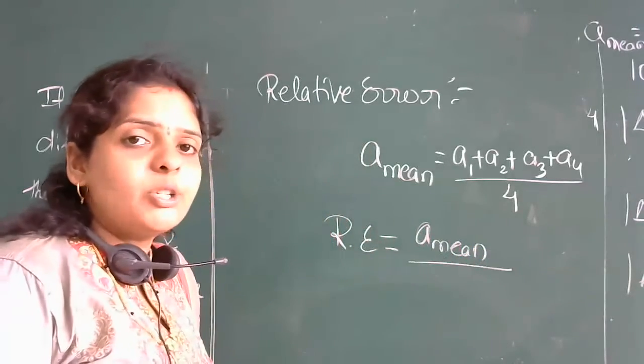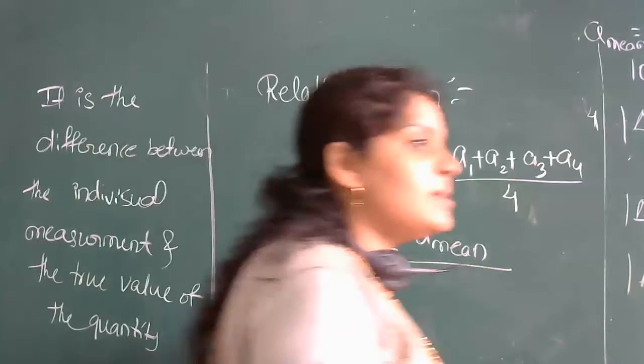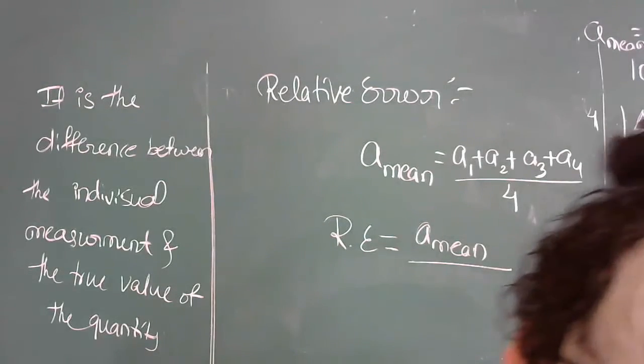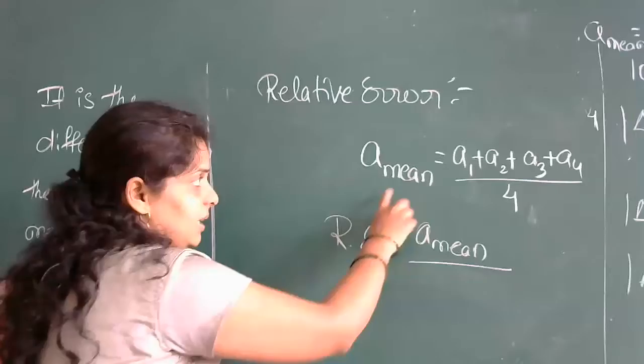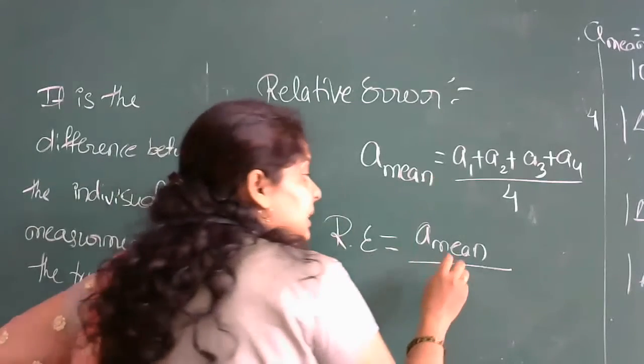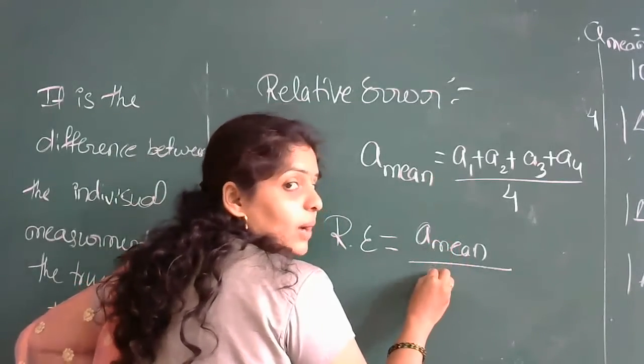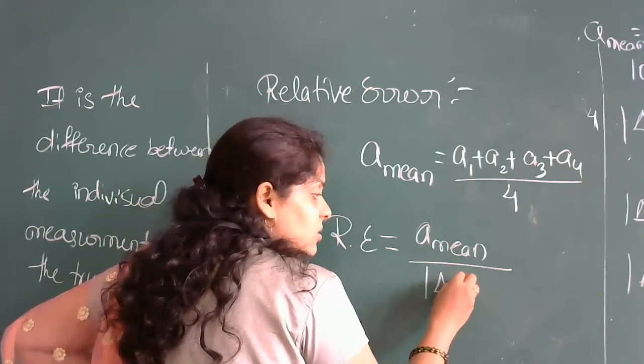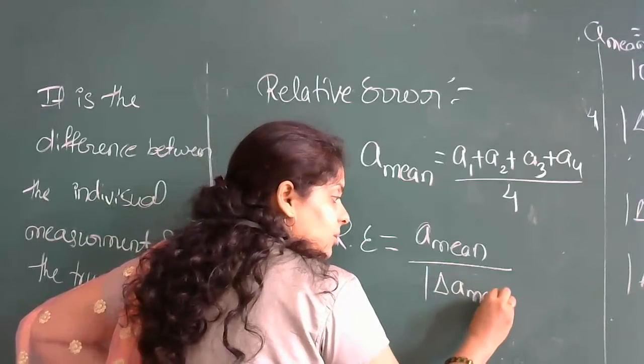It is the ratio of two quantities. A mean is already on the board.